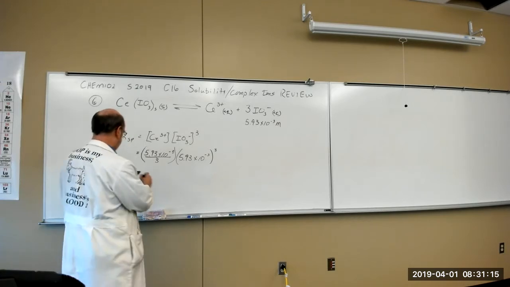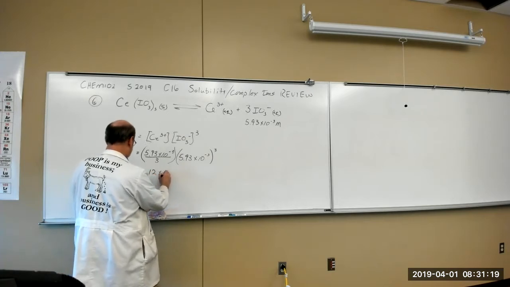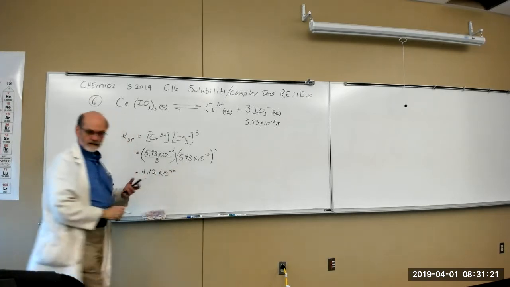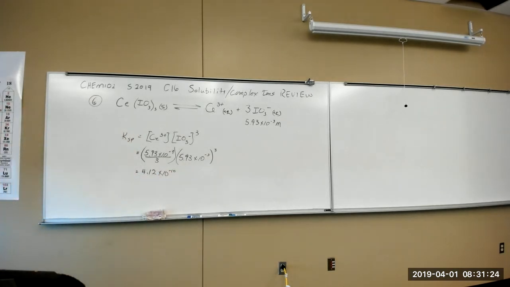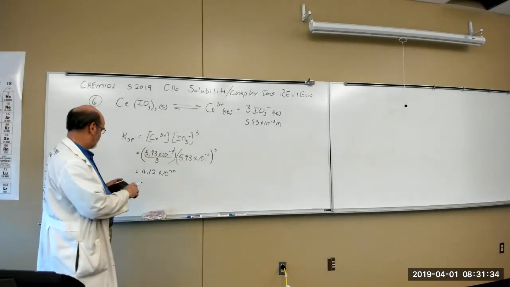Cerium. Okay, I get 4.12 times 10 minus 10. Did I do it right? It agrees with the worksheet. And the answer key.